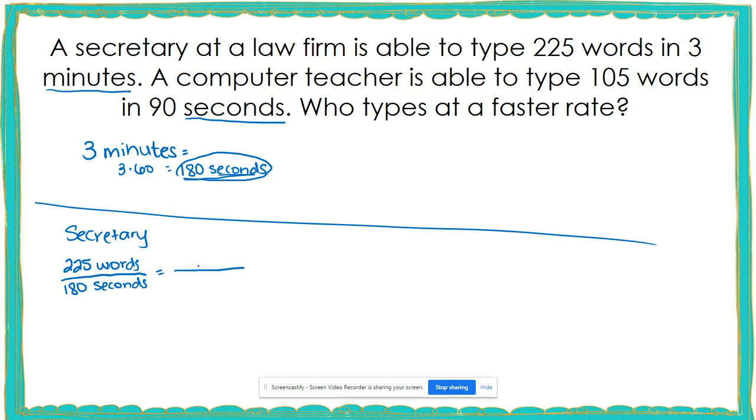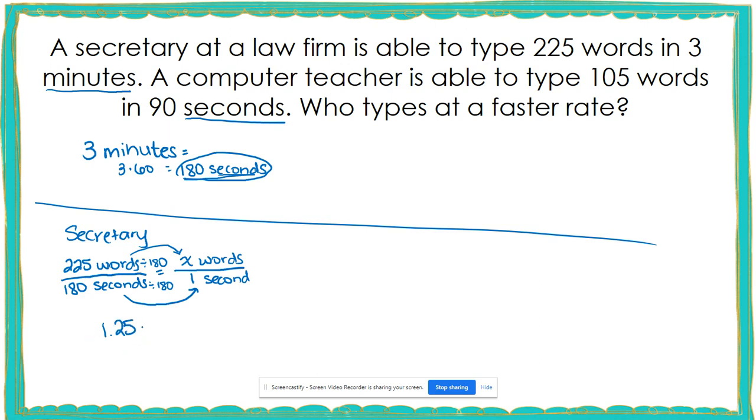I need to know how many words, so I'm putting X for the number of words she can type in just 1 second. Now, to get from 180 to 1, I would divide by 180. So to get from 225 to X, I would also divide by 180. When I do 225 divided by 180, I get 1.25.